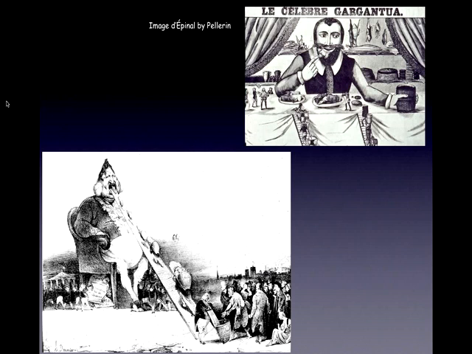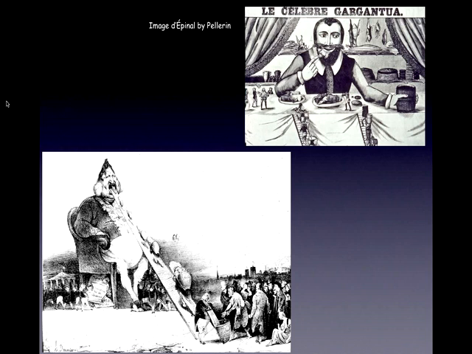Daumier has made literary reference here to the French folk hero Gargantua, a 16th century character whom the French knew very well. This folk character, Gargantua, whom you see represented in the upper right-hand corner from a French printmaking factory called the Images of Epinal.